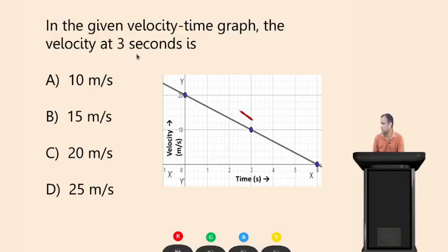Okay, now a question type for you. In the given velocity time graph, the velocity at 3 seconds is, and your time starts now. So what is the velocity at 3 seconds in this graph? You have to count.